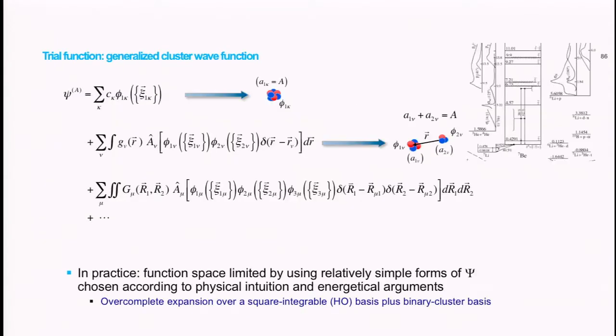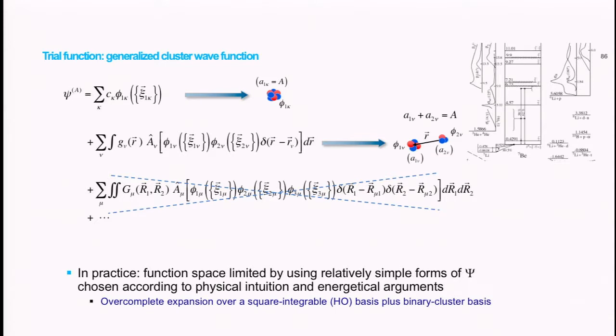So in practice, what is much better is to include this part immediately. That means that we will have at least 2 components of this expansion right away. This component would be like what we do in the no-core shell model to describe, for beryllium-7, all 7 nucleons.